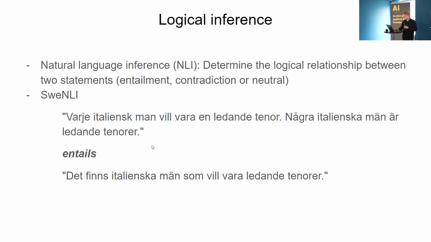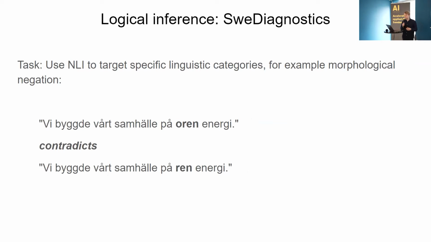And the task of natural language inference is also used in these different tasks, for example in SWE diagnostics, to target specific linguistic categories, for example morphological negation. In this case we have 2 sentences which are exactly the same, but we're just changing one part of the sentence which expresses some sort of linguistic category that we want to diagnose.